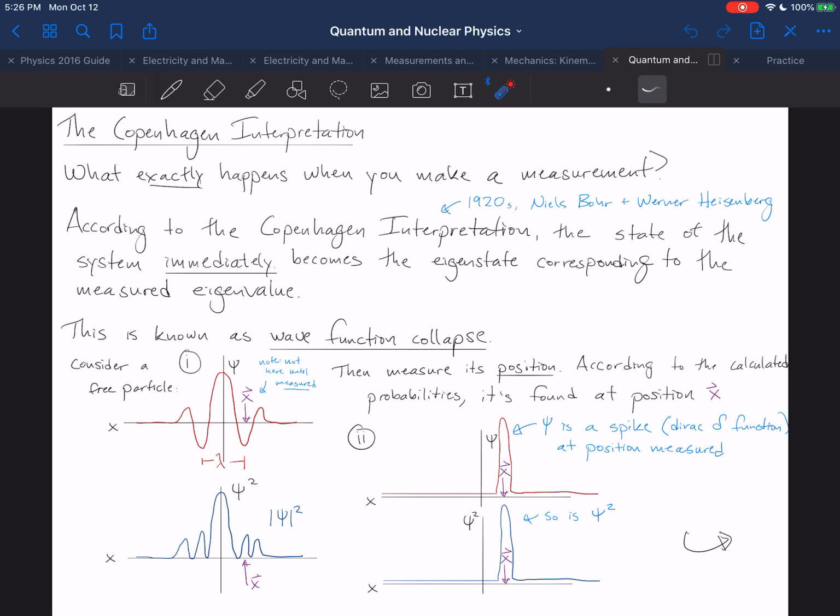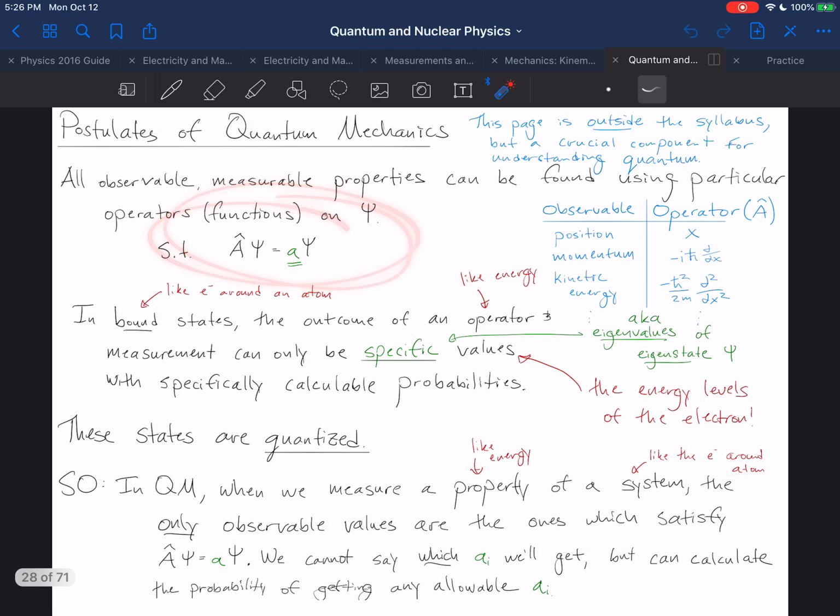Formally, according to the Copenhagen interpretation, the state of the system immediately becomes the eigenstate corresponding to the measured eigenvalue. Remember how I talked about this equation? If you act with this operator to measure a value of, for example, the energy on this wave function, then this equation will only be satisfied by certain values of A, and those values of A will only satisfy this equation for certain eigenfunctions, that is, for certain values of the wave function itself.